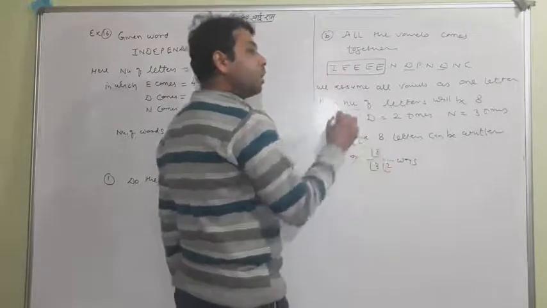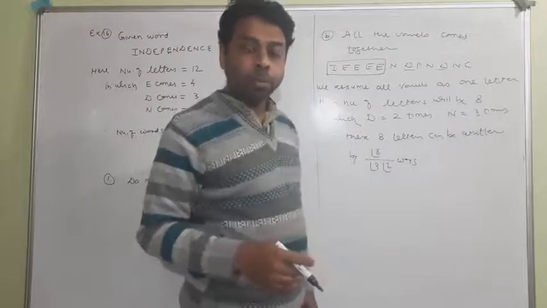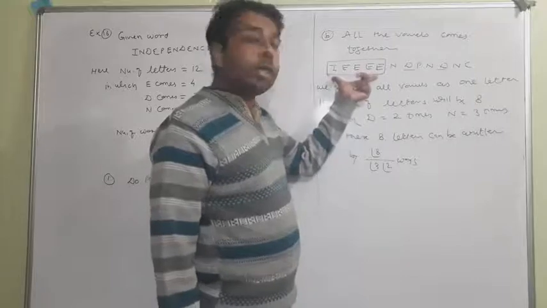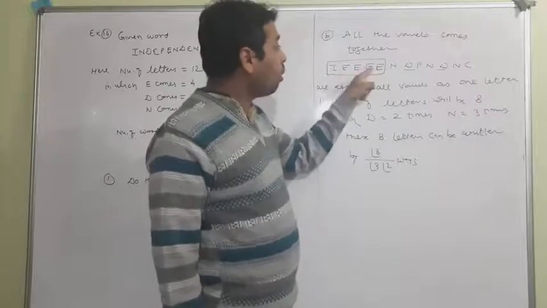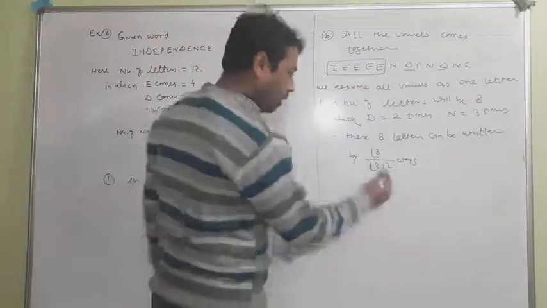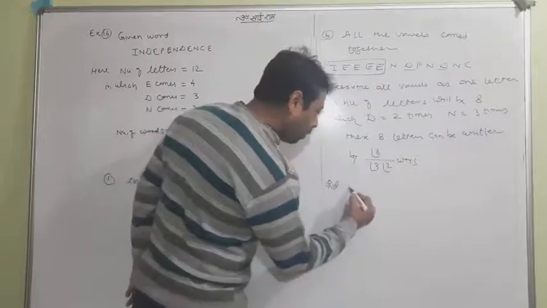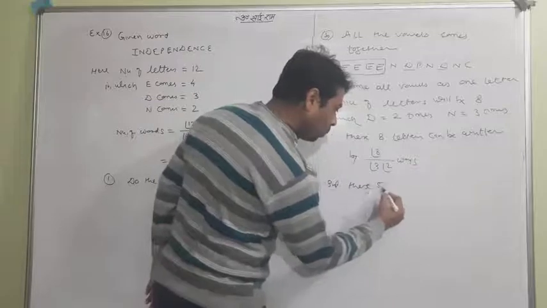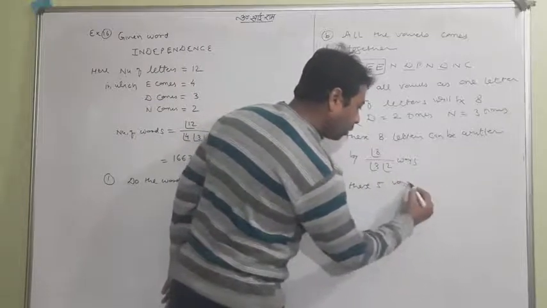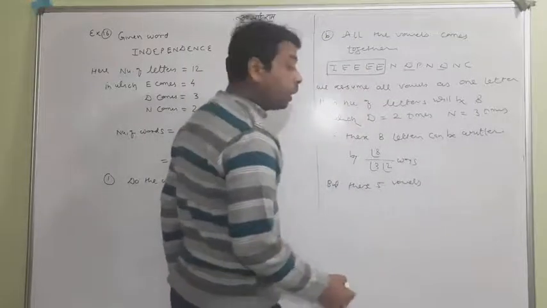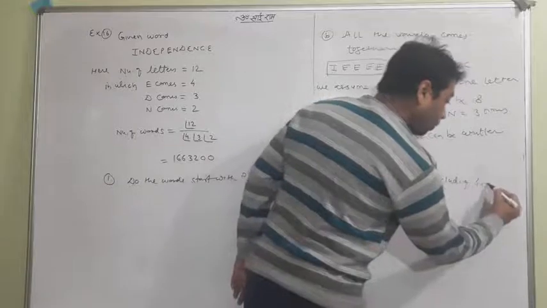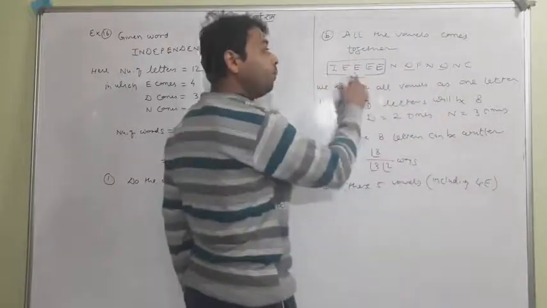Why? Because we saw the previous 2 questions, the word Bhopal and the previous one, daughter. When these vowels are assumed as 1 letter, what about the arrangement of the vowels? They also will be written sometimes. I will write here, but these 5 vowels, including, very important, 4 E's, E 4 times.